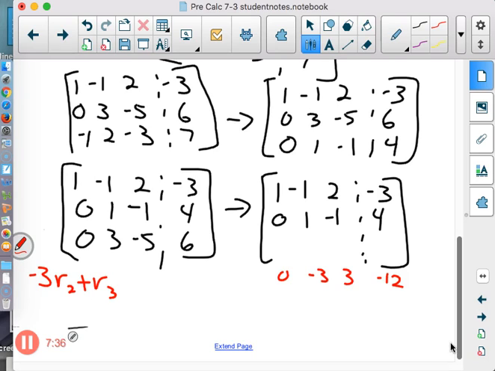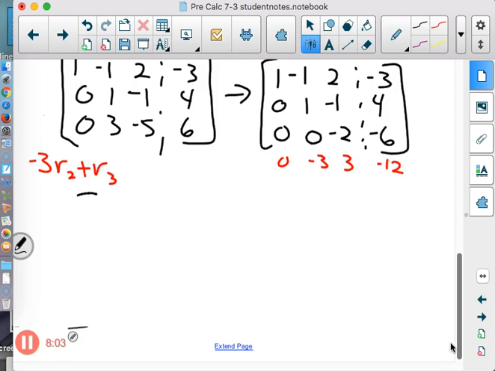You don't want to lose out on material just because you try to do too much in your head at one time. So 0 and 0. Negative 3 and 3. Ooh, that's a bonus. Now we've got negative 5 plus 3 and our 6 and negative 12. We're really, really close.